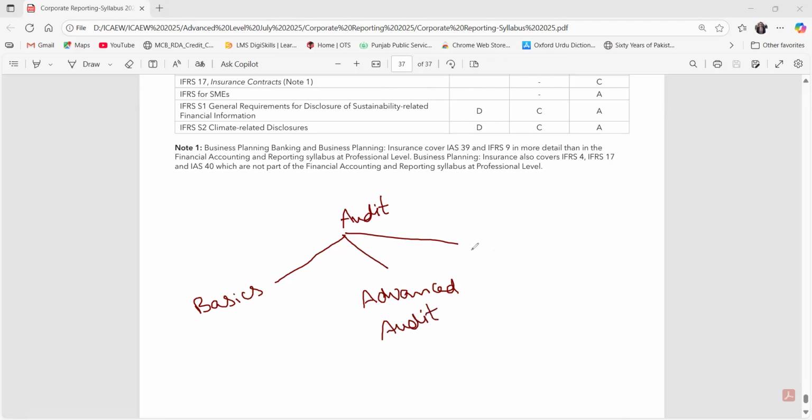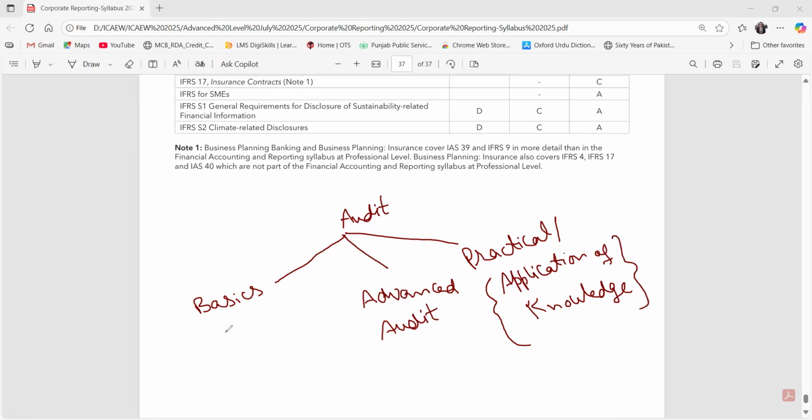More important is basically practical application of knowledge. Here, practical means application of knowledge, basically. So simply having the basics or awareness of advanced audit will not work. So you must be good with application of your knowledge because you will be given some scenarios of different clients and then you have to apply your audit rules.